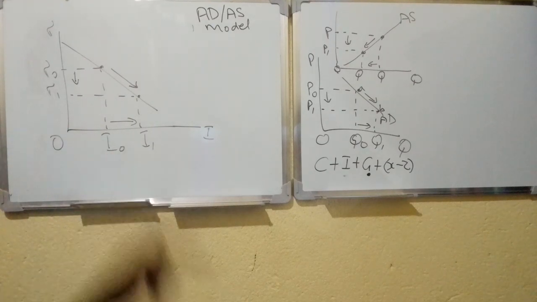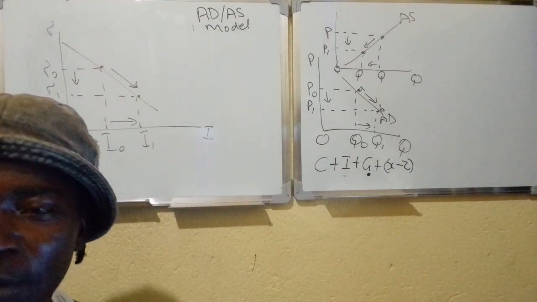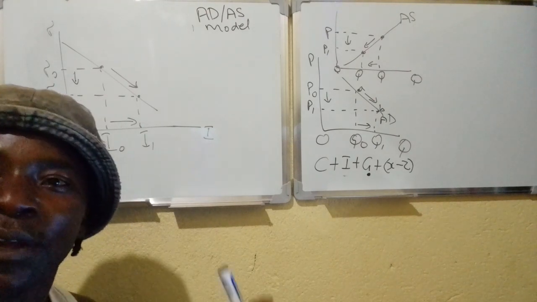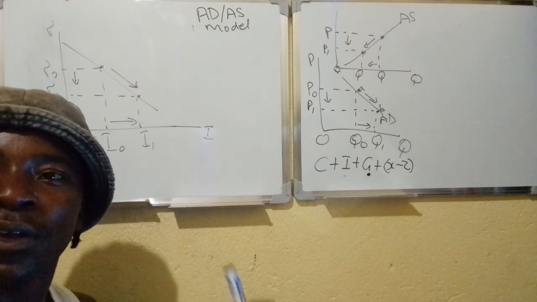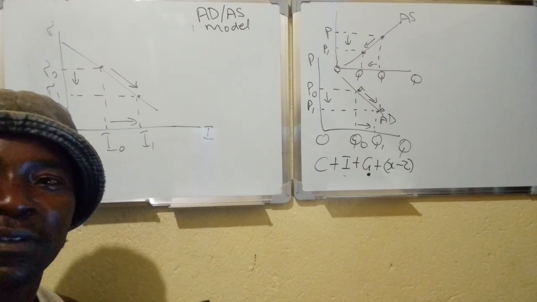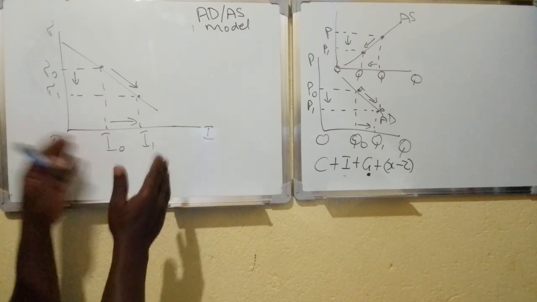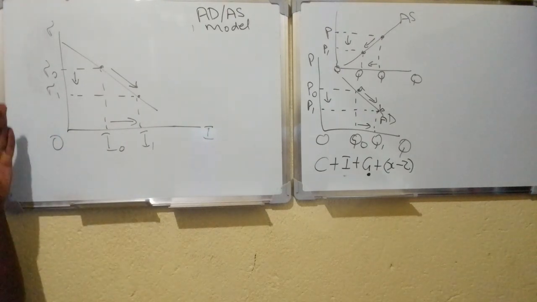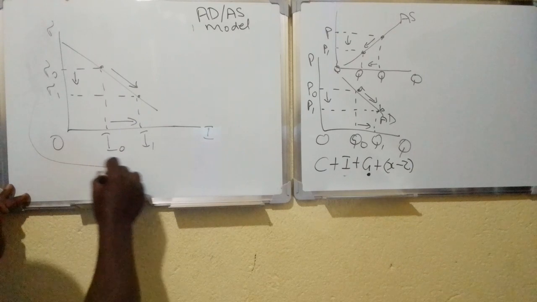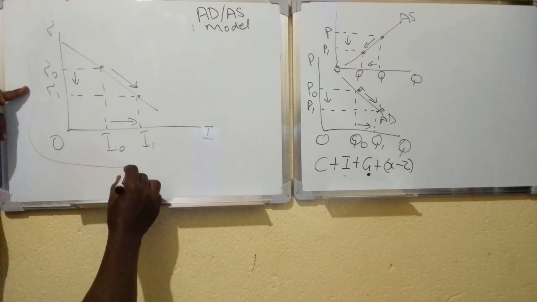As investment levels increase, it means more factories being opened, more people employed, more goods and services being produced, more money in the hands of people, more demand for goods and services. Everything else that I just explained after the changing of interest rates is how the effect has been penetrating the real sector from the monetary sector.